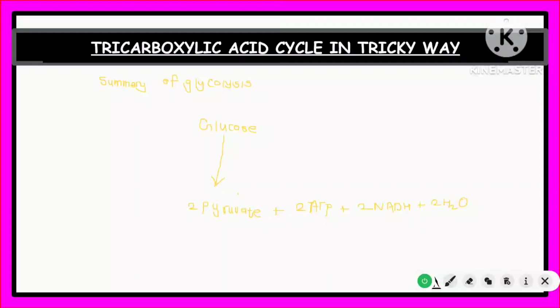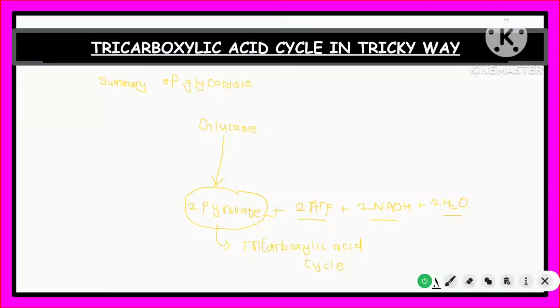Now we will see what is going to happen with pyruvate in the tricarboxylic acid cycle. From glucose we got two pyruvate, two ATP, two NADH and two H2O. Now these two ATP will be used for energy, and two NADH will enter the electron transport system.